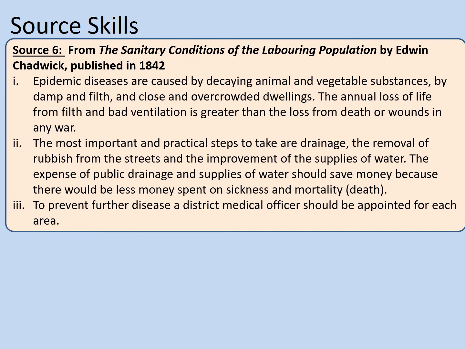The most important and practical steps to take are drainage, the removal of rubbish from the streets, and the improvement of the supplies of water. The expense of public drainage and supplies of water should save money because there would be less money spent on sickness and mortality. To prevent further diseases, a district medical officer should be appointed for each area."